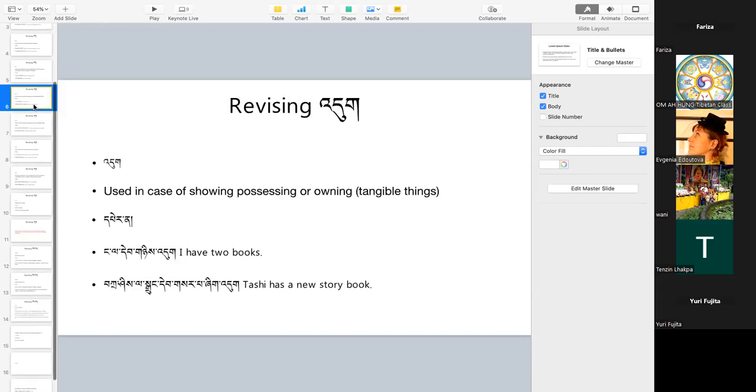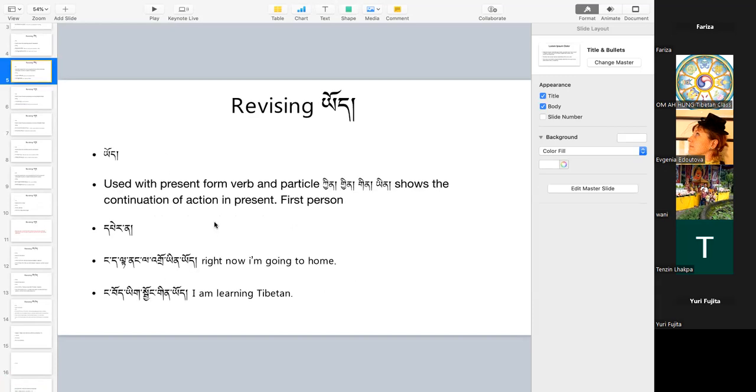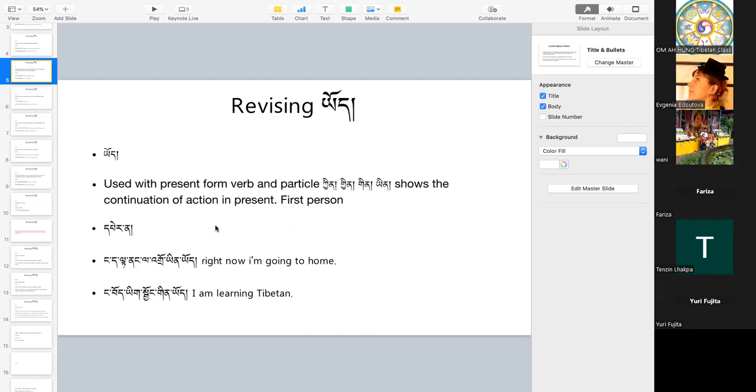That's okay. Now, this is the last usage of yö, which is with the subjective case particle kin, yin. I will be pronouncing it as in the written language, so I won't be subjecting myself to pronounce it in the Eastern Tibetan dialect.